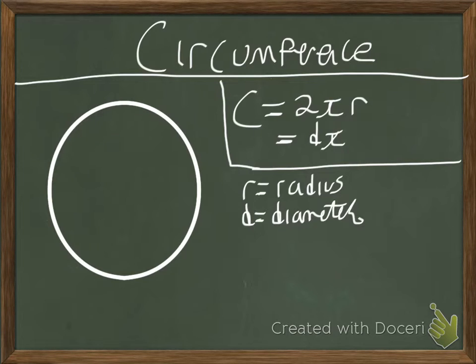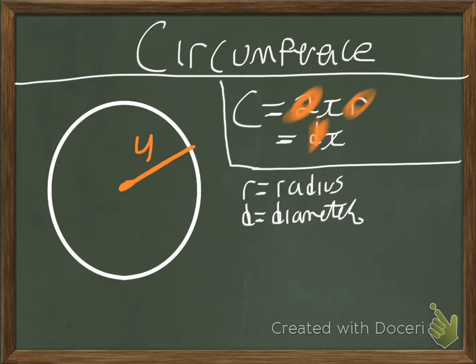It just depends what formula you want to use. Remember that 2 times r is d. So you're doing the same math no matter what. The question is just which formula?